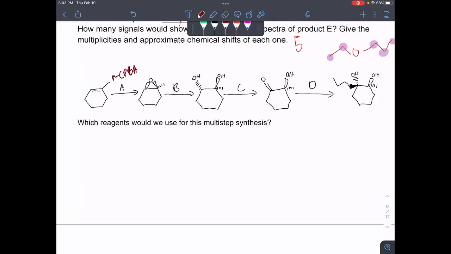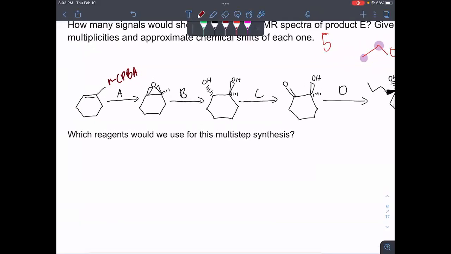It is trans, but how did it get to be trans? It's SN2, so we had a word that starts with I and ends with version. Yes. So we saw that this carbon got inverted, so we know that's where we did the SN2 attack.